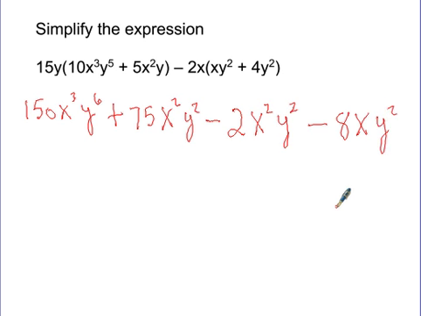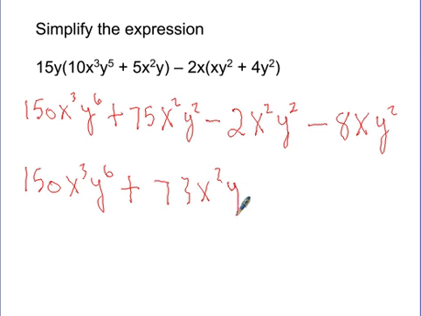Okay, so identify terms that can be simplified. Yes, 75 and 2. The two middle terms, once again, can be simplified, just coincidentally there. So it's 150 x cubed y to the 6th plus 73 x squared y squared minus 8x y squared.